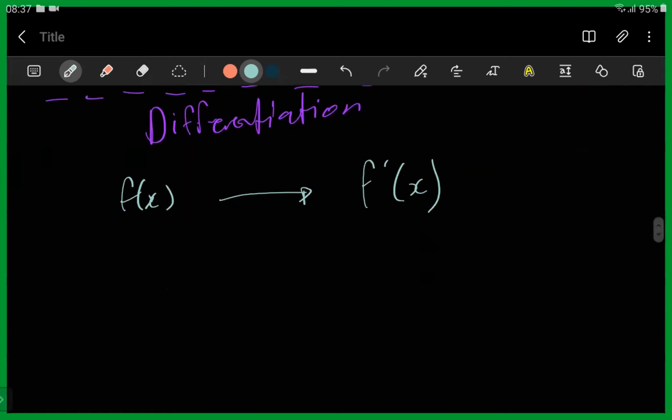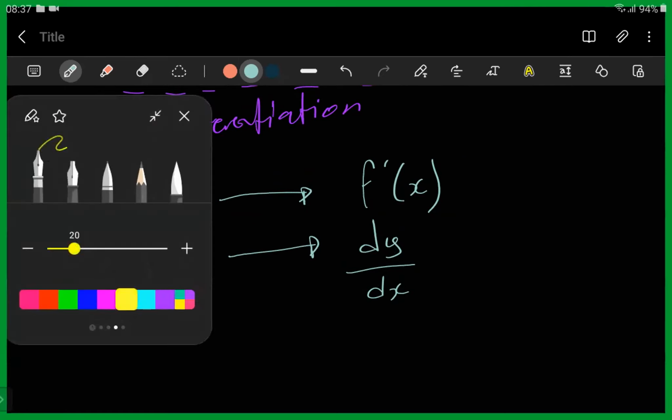However, if they sometimes give you the equation as y equals something instead of f of x, when you differentiate it, you can write the differentiated equation using the symbol dy over dx. The same way you use f of x for an original equation and f prime once it has been differentiated, if they gave you the equation with y, the differentiated equation can be written as dy over dx.